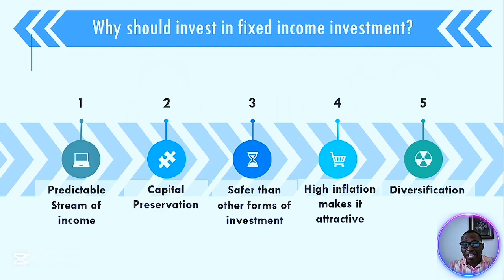And another reason why you should invest in fixed income investment is that most of them are liquid, which means you can easily convert them to cash. FGN bonds are liquid, treasury bills are liquid. You can turn them to cash.